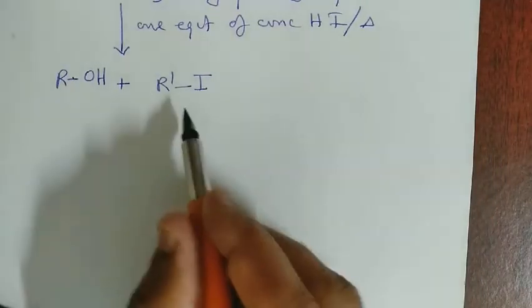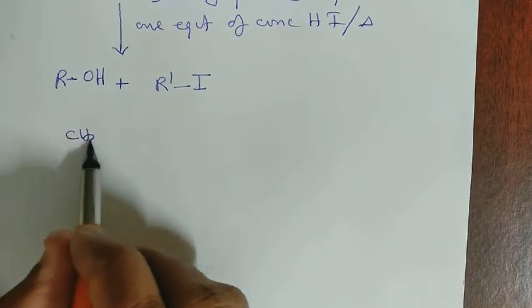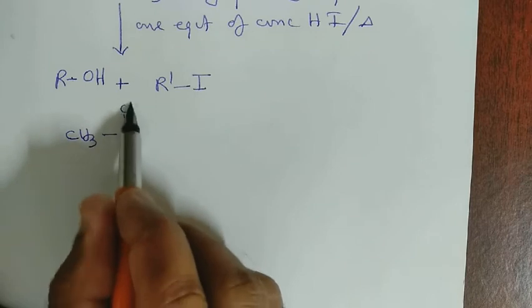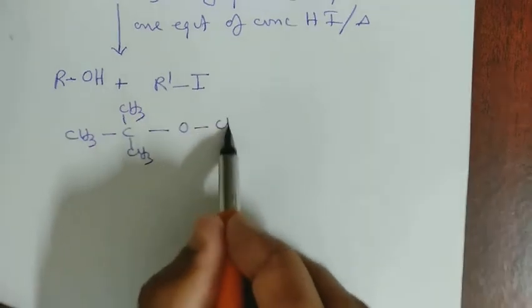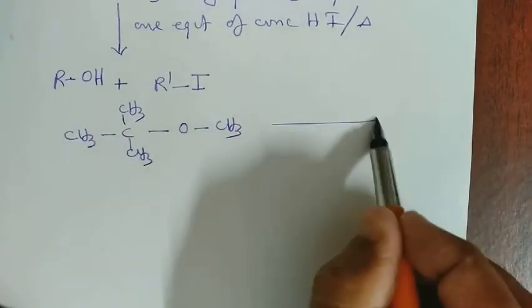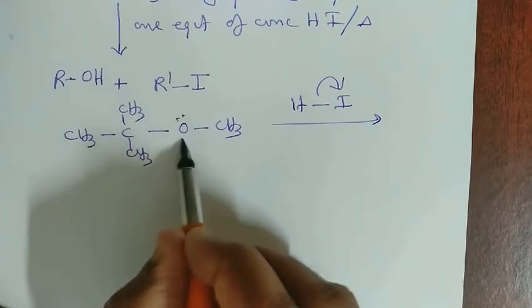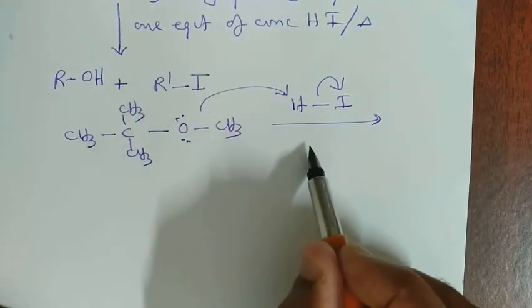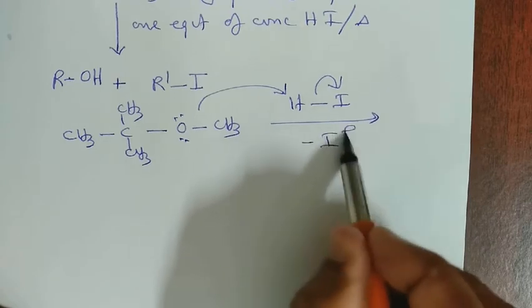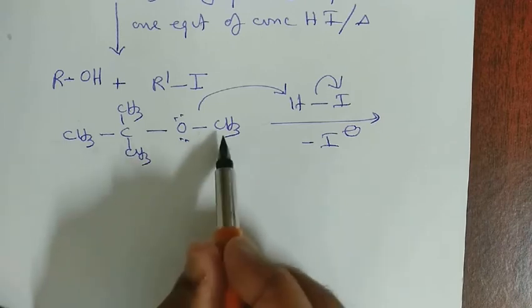The mechanism of cleavage is SN1. As an example, tertiary butyl methyl ether, on heating with one equivalent of concentrated HI, gives a mixture of tertiary butyl iodide and methanol.